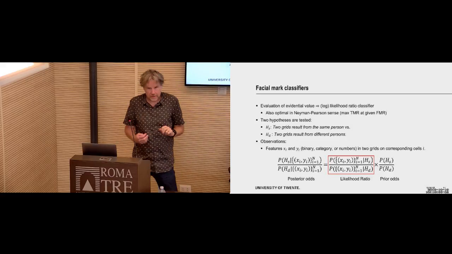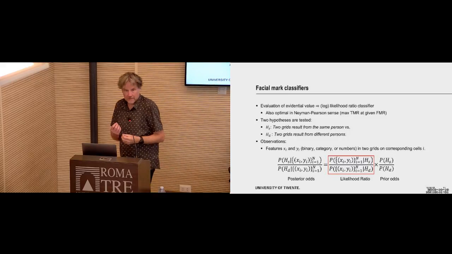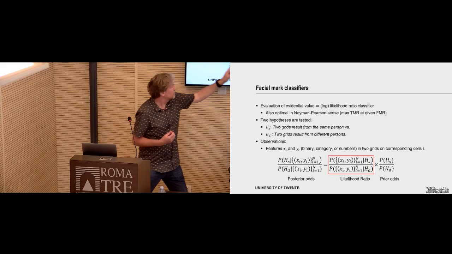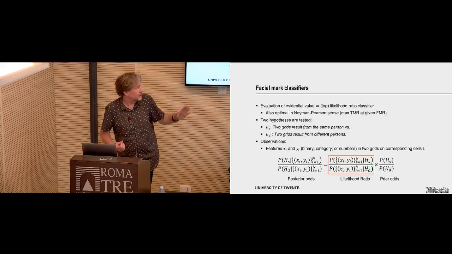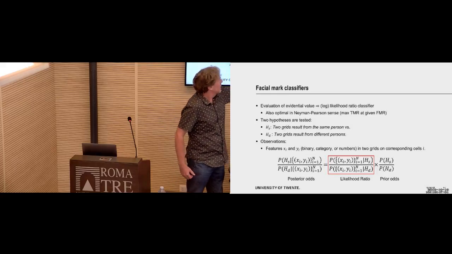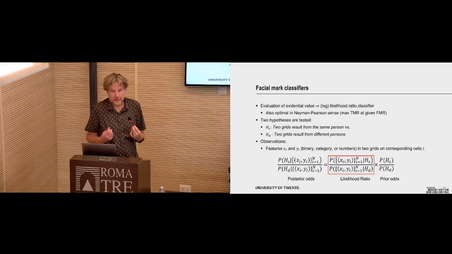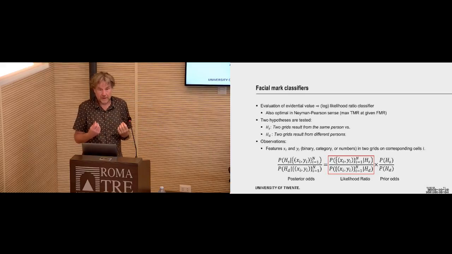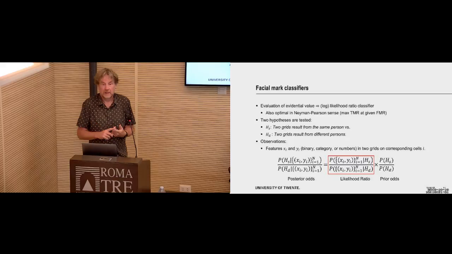The posterior odds are the probabilities once we've seen the observations. And what the likelihood ratio does is amplify or weaken the prior odds. So this is when you know nothing, and this is the probability ratio when you've seen the evidence. So this is an objective number that can help a judge make a decision, which is much sharper in a sense and much better formulated than support or no support for a hypothesis. So that's why we make it objective.